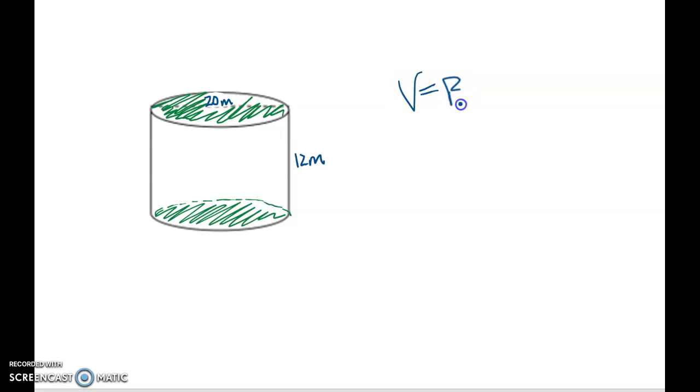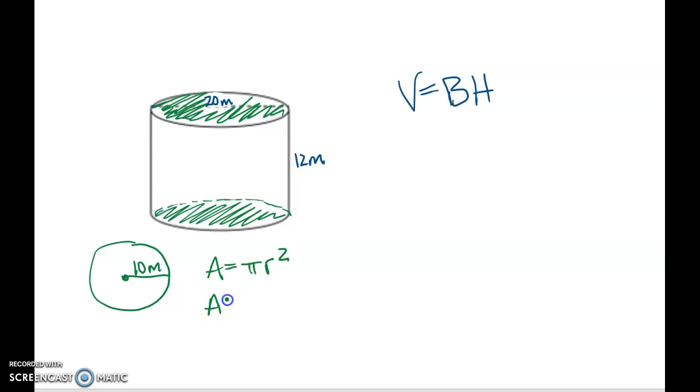Volume equals big B, area of the base, times big H, which is how far they are pulled apart. So for this circle, I'm going to draw a radius in here of 10 meters, because that's half of the diameter, which is 20. So area equals pi r squared. We're using 3.14 for pi, so 3.14 times 10 squared. So area equals 314, and that is meters squared.